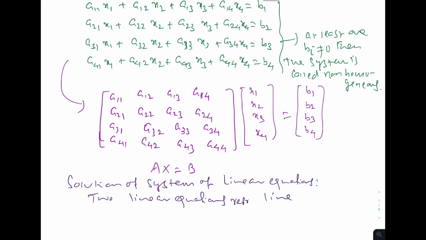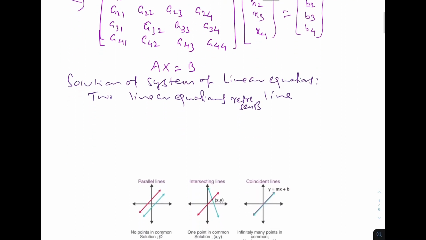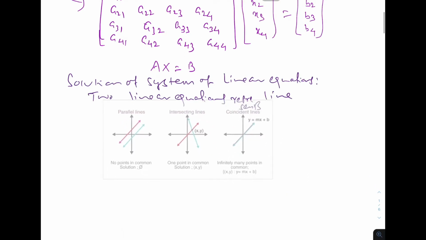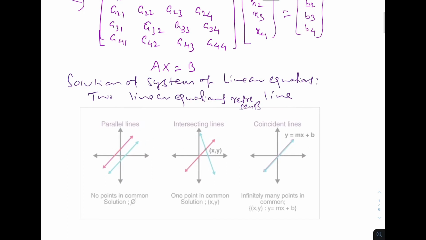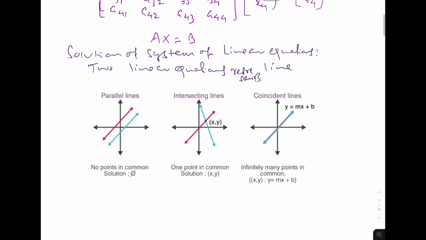Let us consider the two lines we are having. So we are having say two lines. If two lines intersect in a point, that means if these are the two linear equations and its solution, then they intersect in a point, and we can say that there is one solution, or a unique solution.